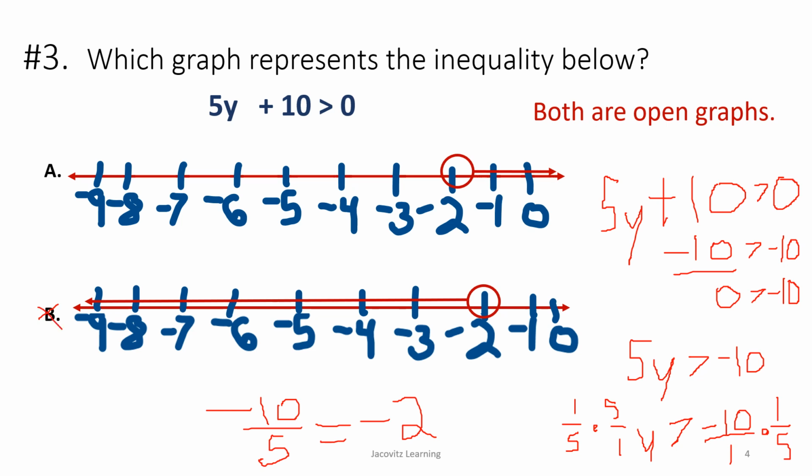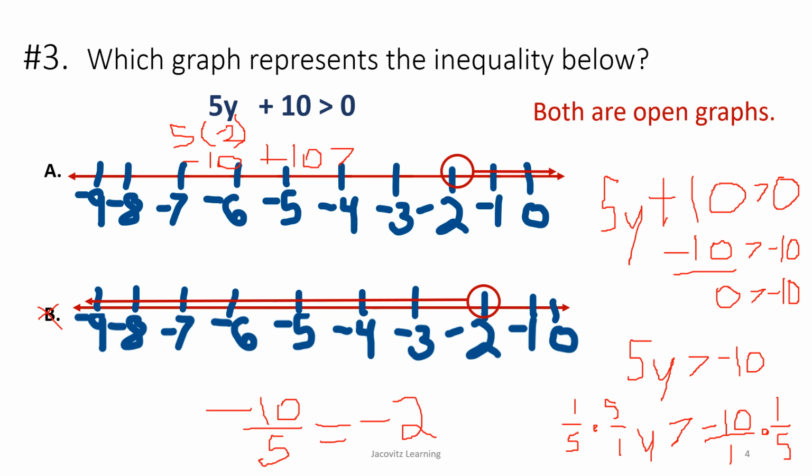Because your negative 2, 5 times negative 2, is going to make this a negative 10, plus a 10, and your value is not going to be greater than 0.